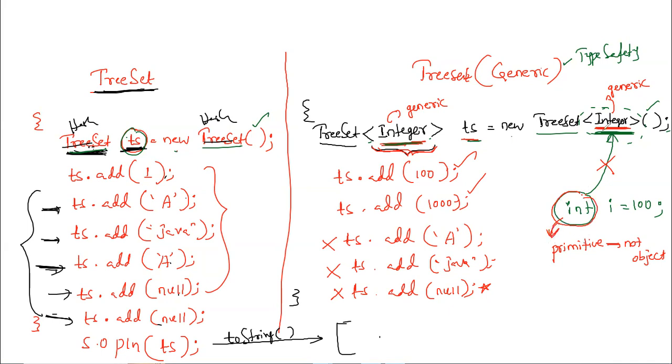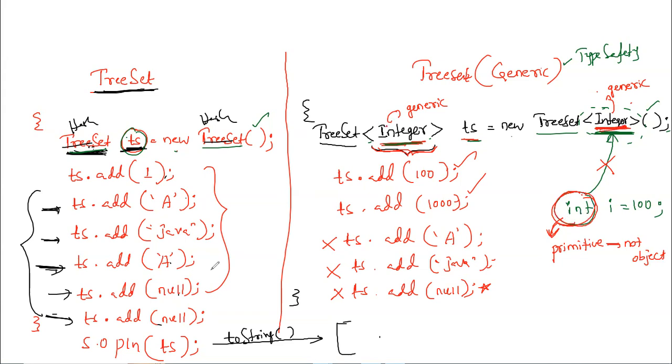Therefore, this type of syntax is not allowed in the generic part. We cannot use int, char, or the remaining ones like float and double; they are primitives. What I am trying to convey is that primitive data type names are not allowed in the generic concept.